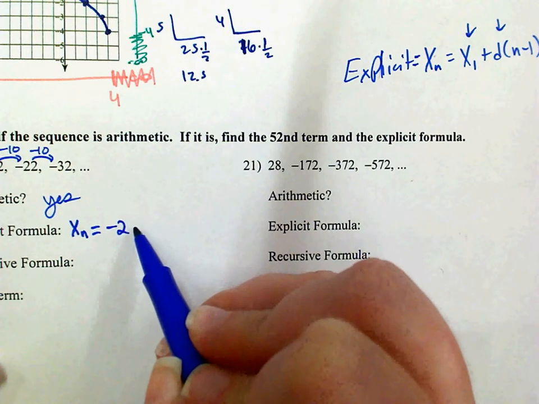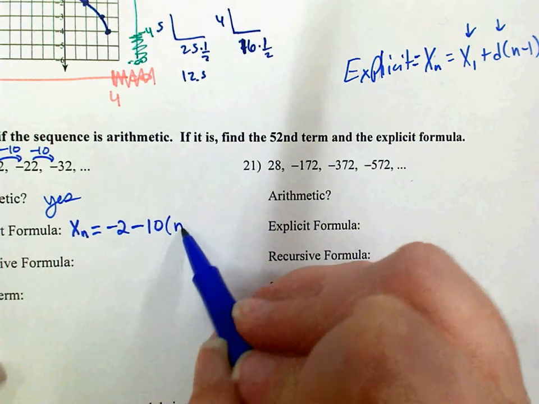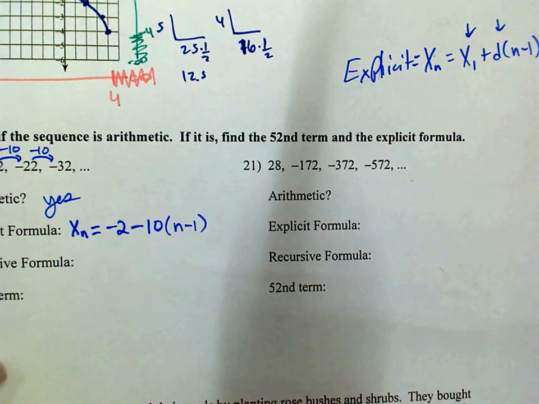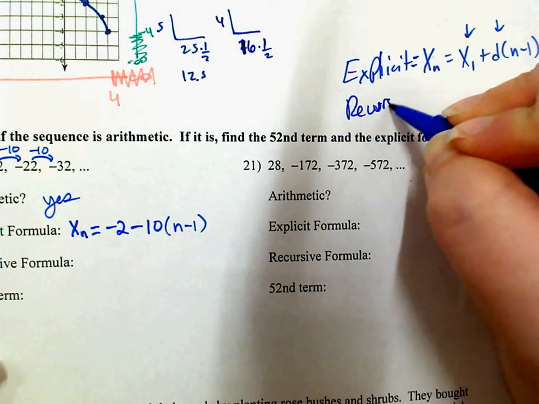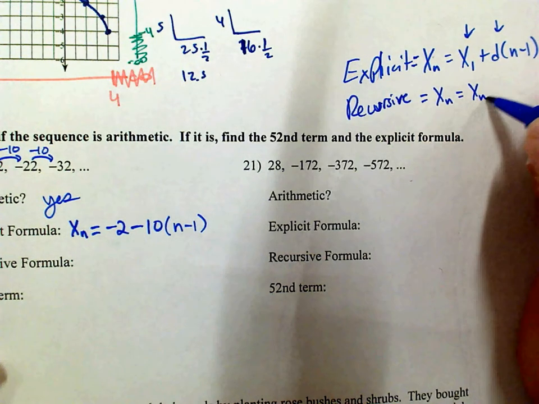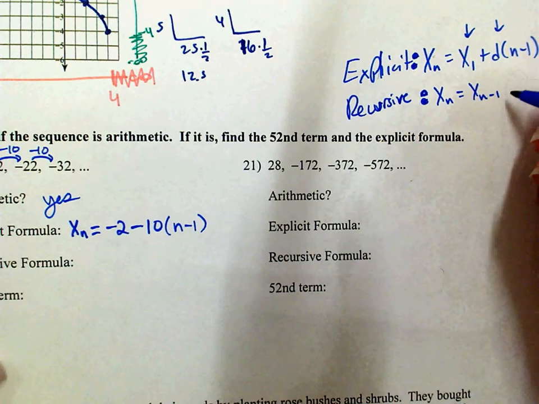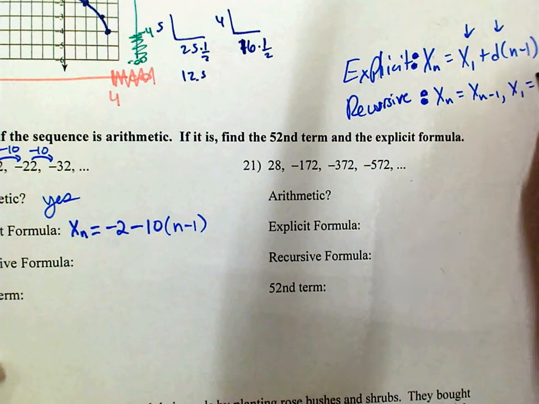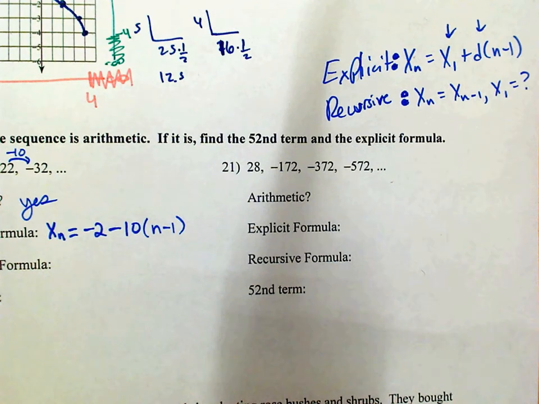Okay? The recursive is x sub n equals x sub n minus 1. Like that. Okay. And then you have to tell me what the first term is. If you don't tell me what the first term is, then there's no reason for me to start at that particular number. Because all this says, oh gosh, I didn't even finish the formula. X sub n equals x sub n minus 1 plus the common difference.